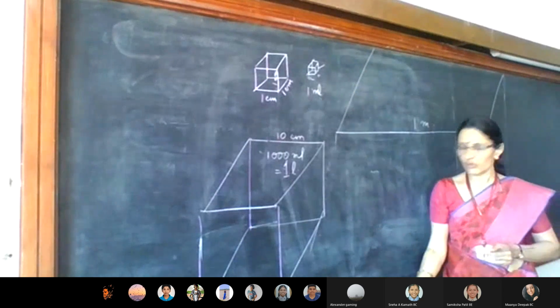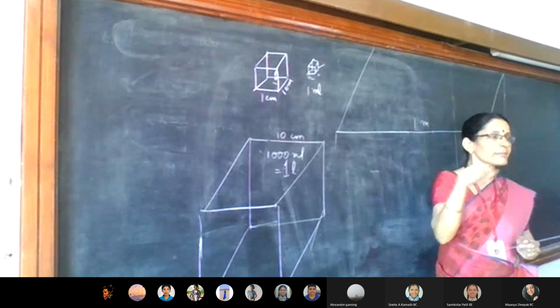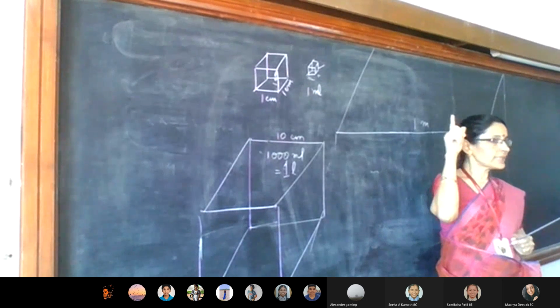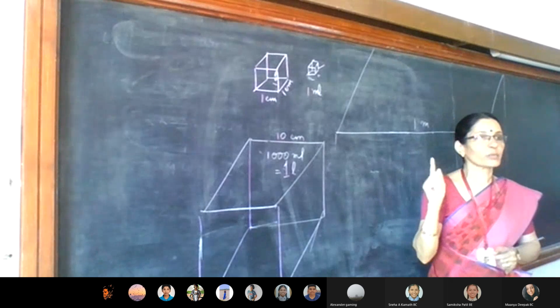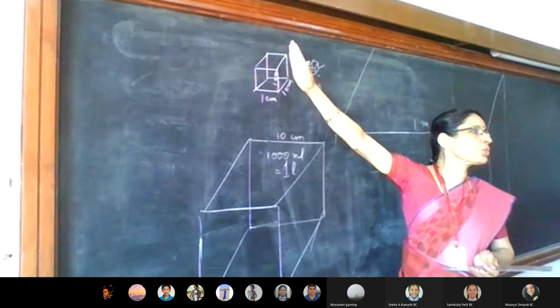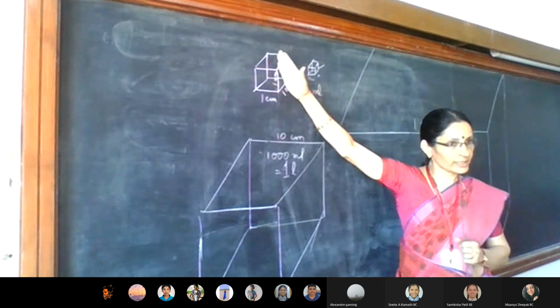Similarly, if this is a 1 meter edged cement tank at the top of the house, then that will hold 1000 liter water. Till now we knew the volume of the cube with 1 centimeter side.